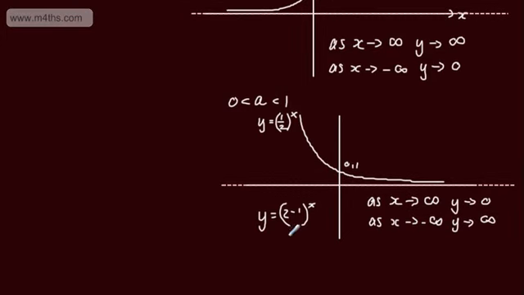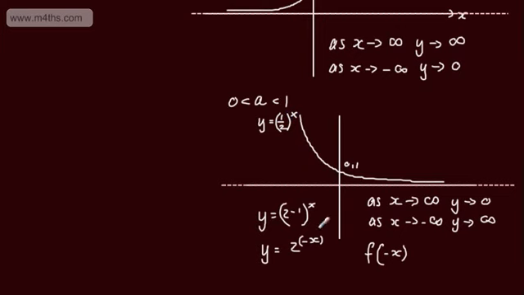So we could write this as y = 2^(-x). Now if we consider writing it like this, what we have is a reflection in the y-axis. This is of the form, if we go back to our graph transformations, f(-x). So we can see the relationship between y = (1/2)^x and y = 2^x.